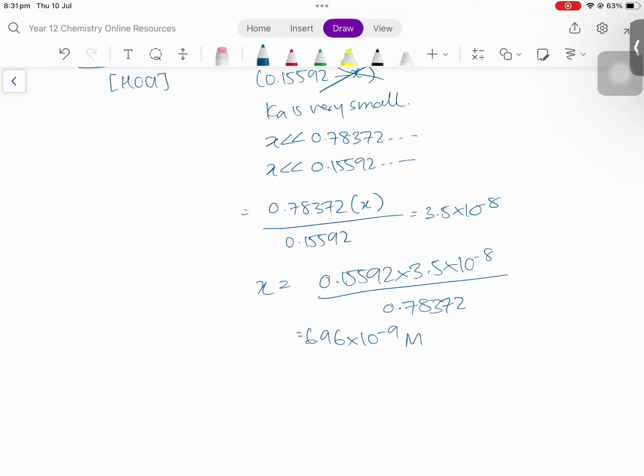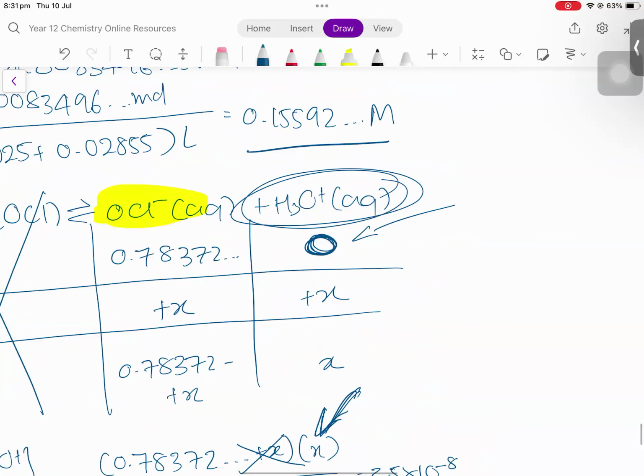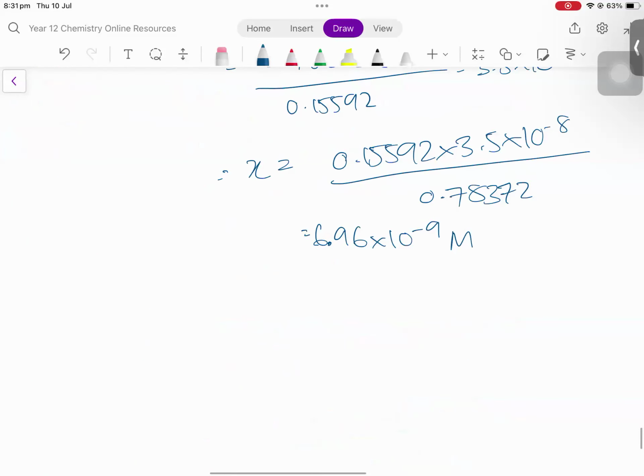Thank you, because x is a concentration that came out of the ice table, so it's molar. And then we don't actually want a random letter x, we want the H plus or the hydronium concentration. So if you go back to check, the hydronium concentration is the x, which is exactly what we want. So now you can sub it straight into the pH equation.